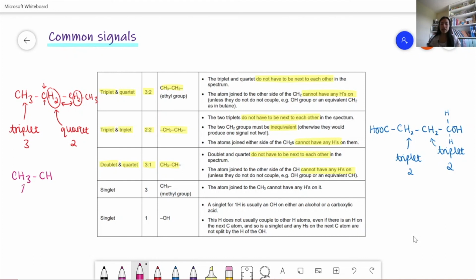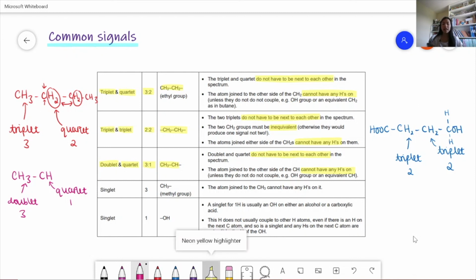These hydrogens will produce a doublet because we only have one hydrogen on the carbon next door, and this hydrogen will produce a quartet peak. This will be in a ratio of 3 to 1. And again, they don't need to be next to each other because depending on what they have on either side, they'll be in different environments.